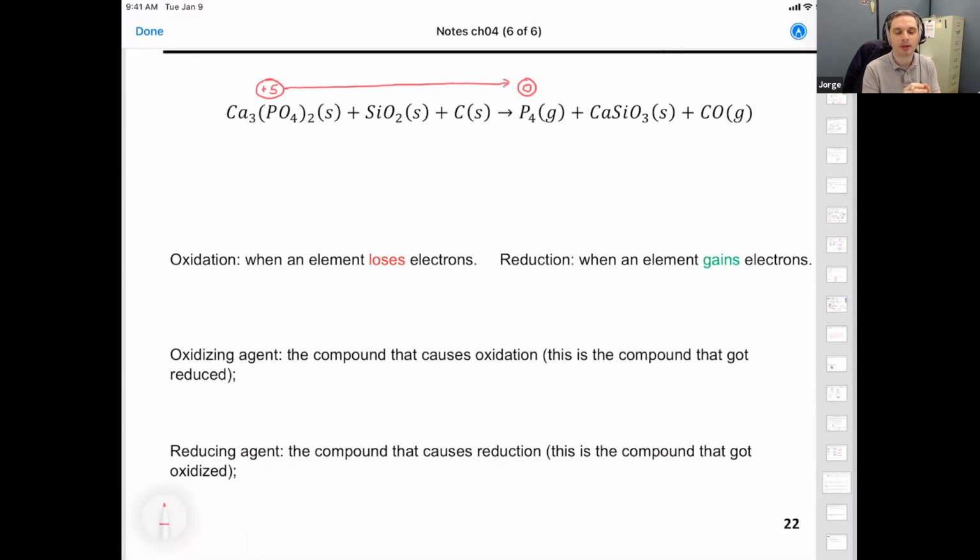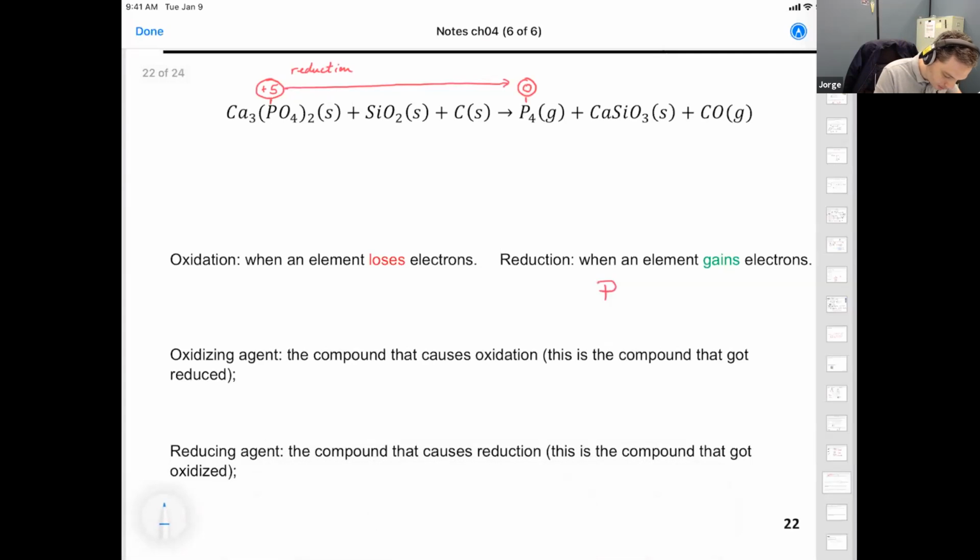Every time that the oxidation number decreases, we call this process reduction. Any reaction will have an element that reduces and another element that does the opposite. So the element that's reducing in this equation is phosphorus. Reduction means electrons were gained.